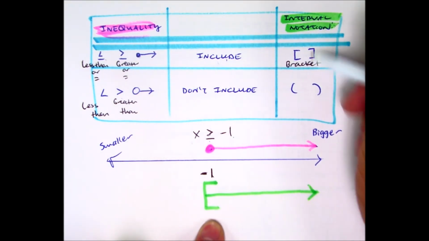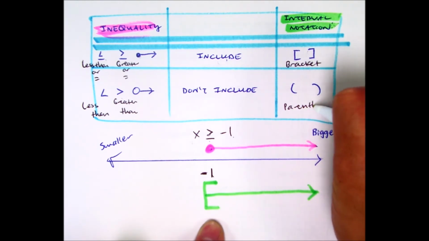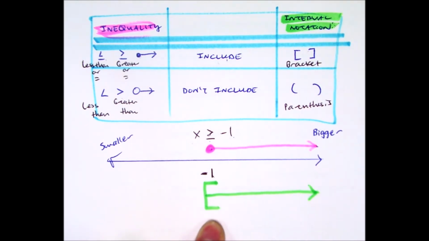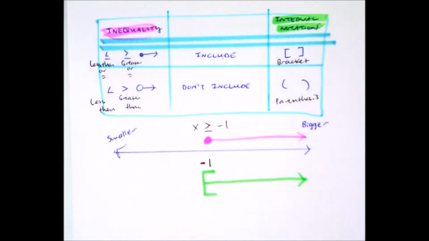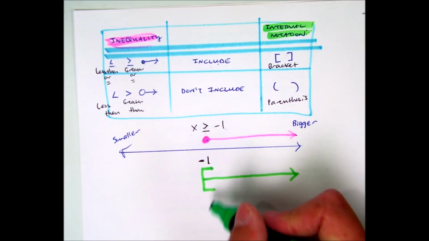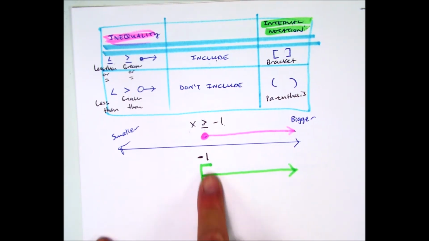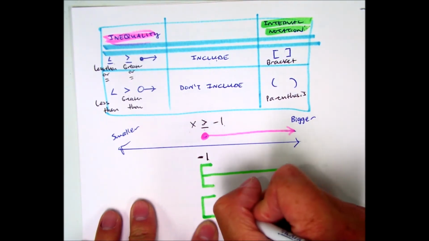The other symbol that we're not using is a what? Parentheses. Okay. So when I write my interval notation, I'm going to draw another bracket underneath. Class, what number is next to that bracket? It's a -1. Let's write it.